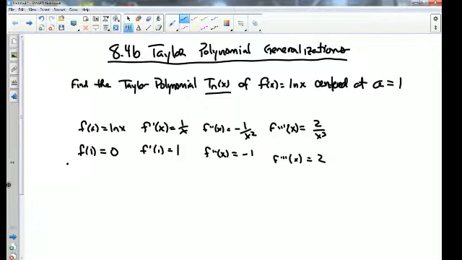So generate the Taylor polynomial. Ooh, 0. Yay. You can write it in there if you want, but you don't have to.